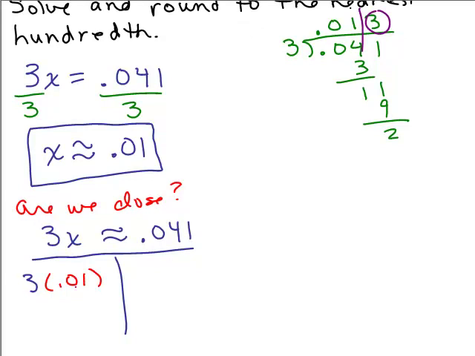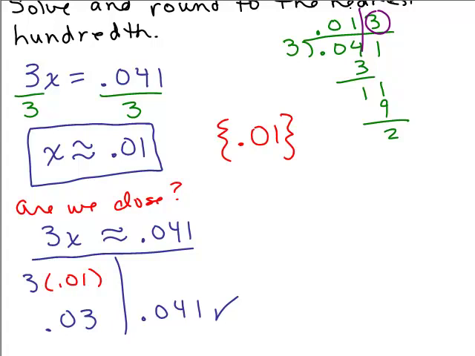Just think of that as 3 times 1. You don't need to do some side work there. 3 times 1 is 3, and then you need to move your decimal in 2 places. So 0.03 over there, and over here, 0.041. Looks like I'm close enough to the answer, so I'd say that's the correct answer. We're hoping. You can't check it for sure. And we get 0.01.